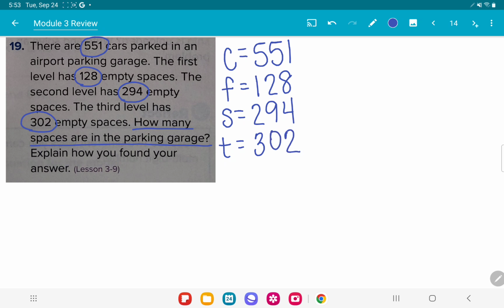To find out how many spaces are in the parking garage, we're going to add the total number of cars parked there, plus all the empty spaces. I'm going to add all of these at the same time. 551 plus 128 plus 294 plus 302.